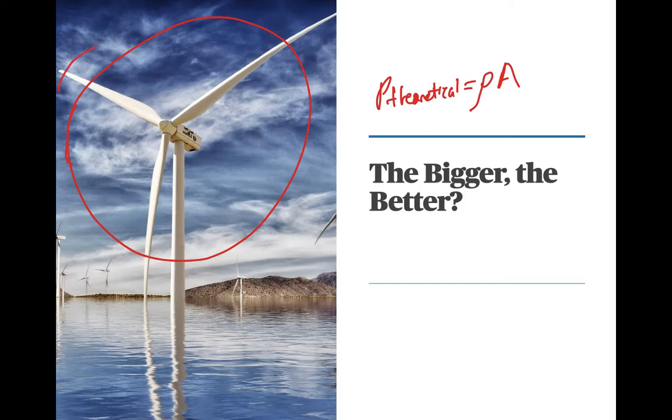So it's a bit bigger than that. This area times velocity cubed, and that's times a constant for mechanical inefficiencies, which is known as the Betz limit. So you can see velocity and area are the drivers here. So the bigger they are, the better.